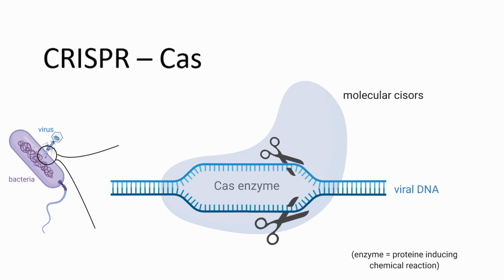As a defense mechanism against these viruses, prokaryotes have evolved a CRISPR-Cas adaptive immune system. In this system, the Cas part is an enzyme that functions as molecular scissors that disable the virus by cutting the foreign inserted virus DNA in two.